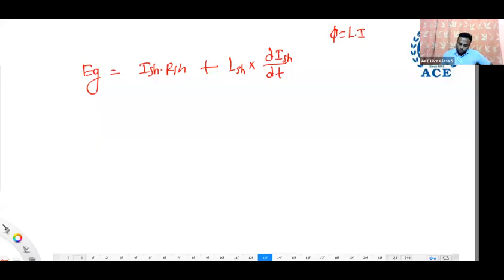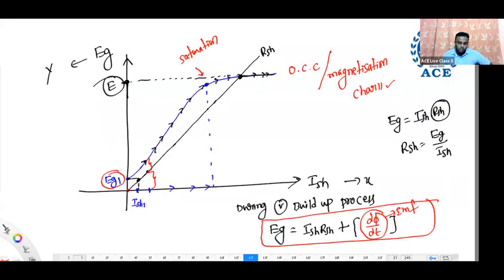Now, once saturation is reached, let us assume this is exactly the saturation point. Here it is saturated, and after saturation it is nearly the same point, constant. After saturation, what is the flux? Constant. Flux constant means what is the d phi by dt term?